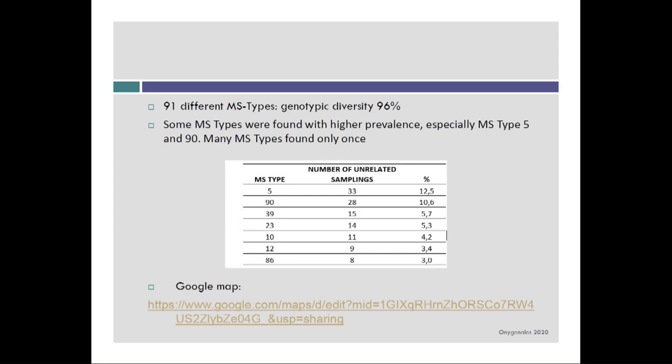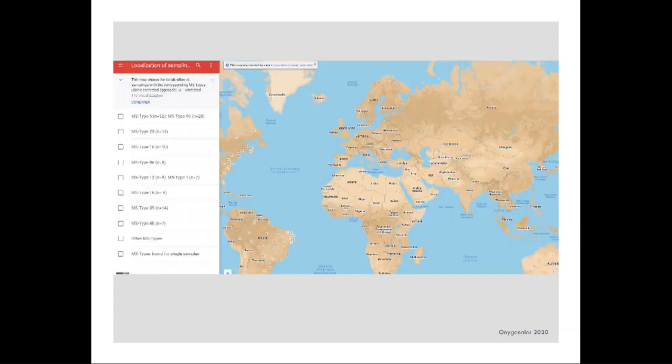And you can see summarized the most prevalent genotypes in this table. And please note that we also found a lot of genotypes which were found just on single occasions. If we go to the next slide, please, we can use the Google map to have an idea of the spatial distribution of these MS types.